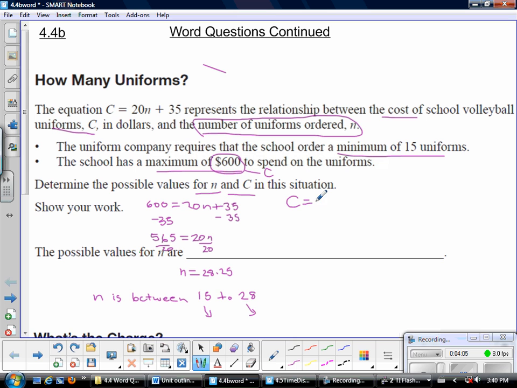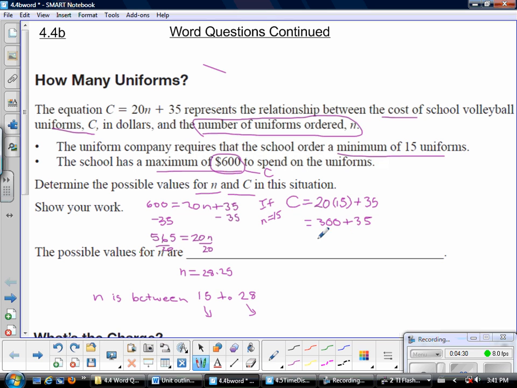So again, we take our formula. So we could put if n equals 15. So we can actually figure out how much the cost would be for the minimum amount. So we have 20 times 15, so we're looking at 300 plus 35.